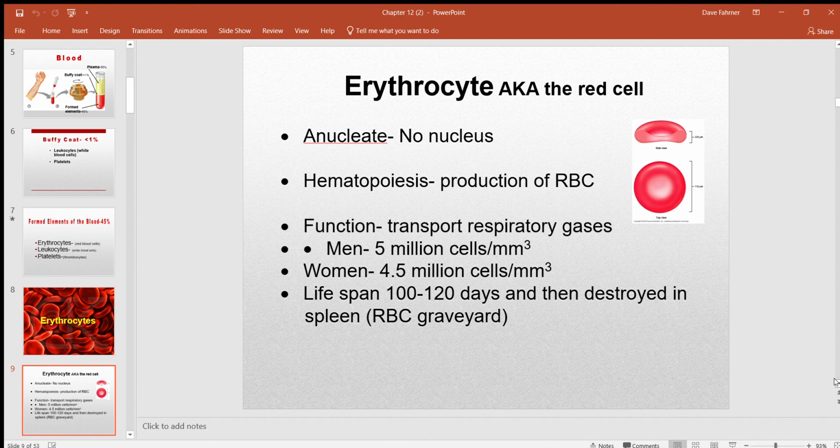By far, there are more red blood cells in the blood than any other kind of cell. In men, there can be anywhere from 5 million to 6 million, depending upon the size of the man, of these cells per cubic millimeter. The cubic millimeter is a very small drop of blood. In women, this number is a little bit lower, about approximately 4.5 million per cubic millimeter.